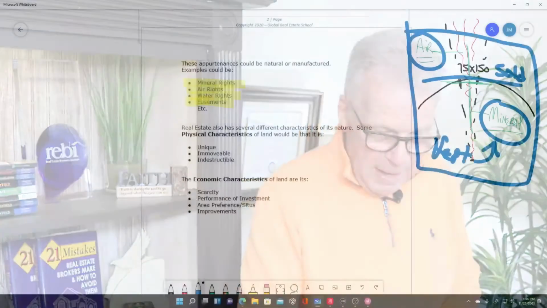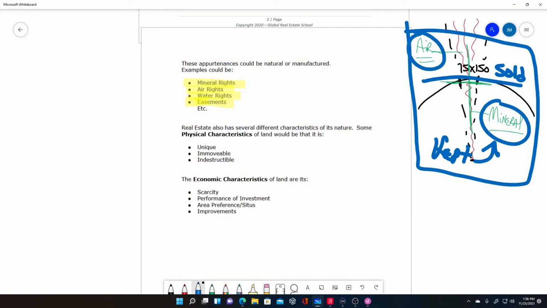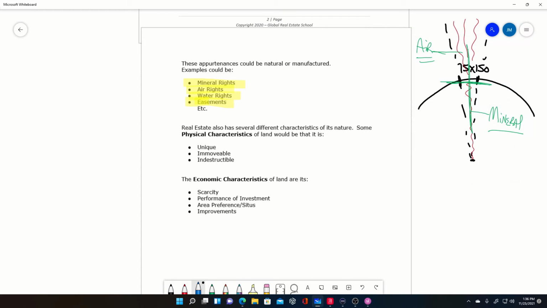parcels of real estate. Because again, I want to go back to this and make sure that you understand this, and I'm just going to get rid of the St. Joe Mineral stuff there. Because you own your rights not only vertically, but you own them horizontally, okay?